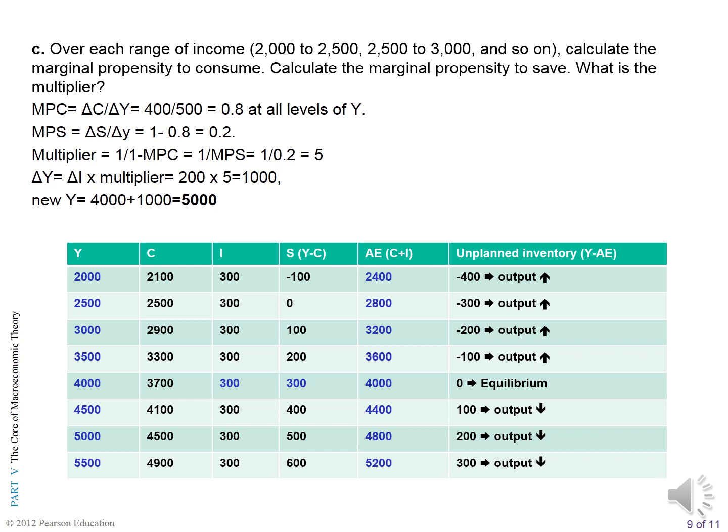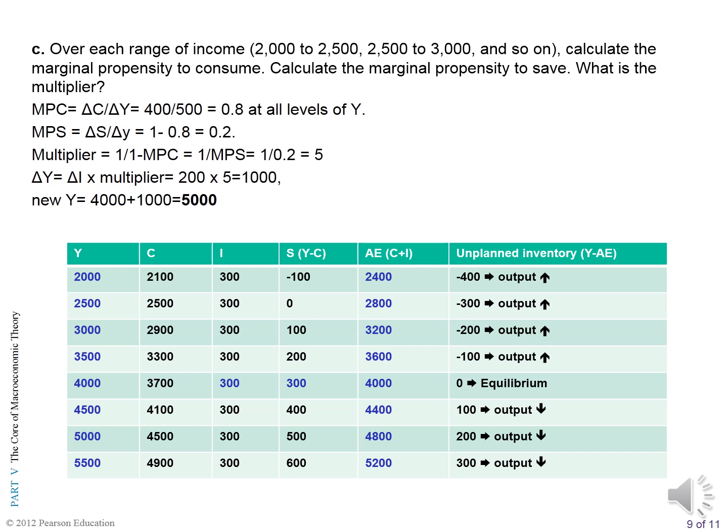اوكي، واصلا الايكوليبريم كان كام؟ كان 4000، يبقى 4000 plus 1000 يبقى the new level of income هيبقى 5000. معايا؟ يبقى again we calculated the value of multiplier وطلعت كام؟ 5. ده معناها ان ال income will increase 5 times the initial increase of investment. If we assume that investment increases by 200, equilibrium output will increase by 200 times 5 يعني 1000.